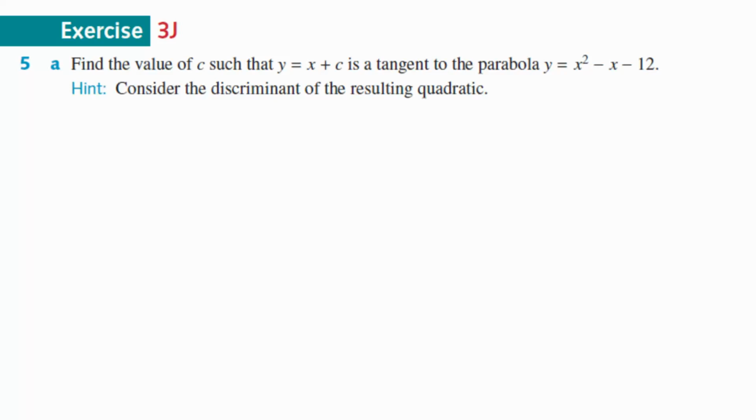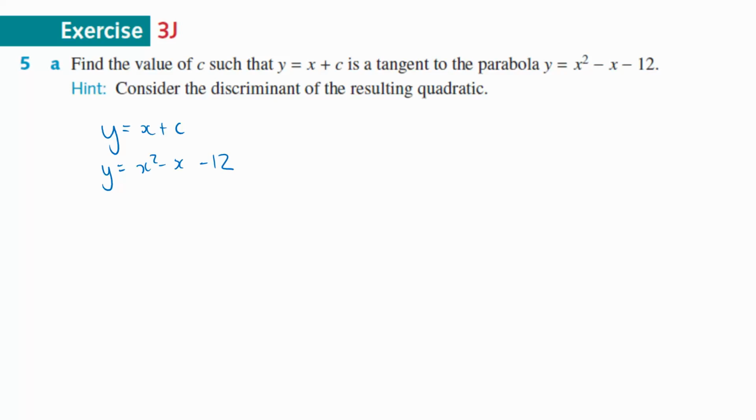Okay? So, same drill again. If this is your linear equation, you got y equals x plus c, that's a linear equation, straight line. You got y equals x squared minus x minus 12, and you're asking the same question.